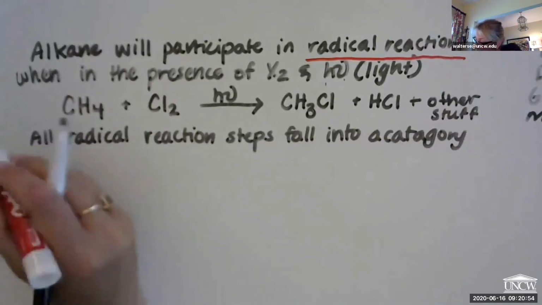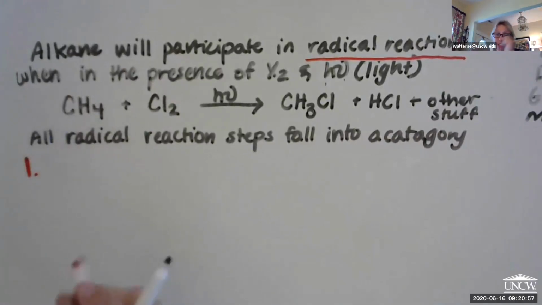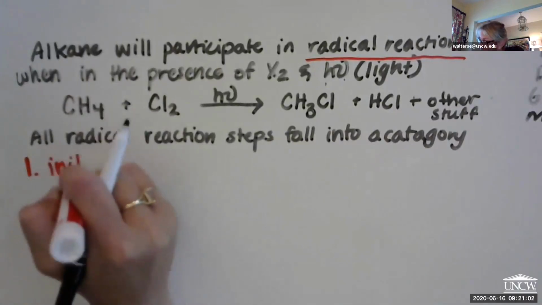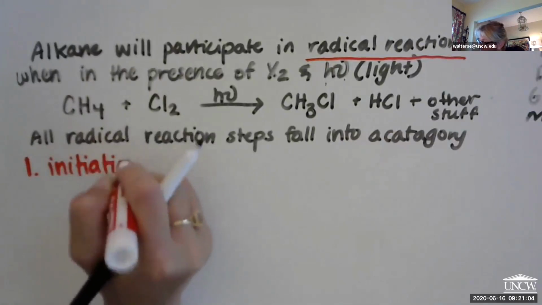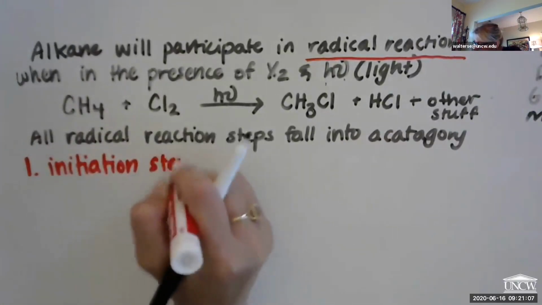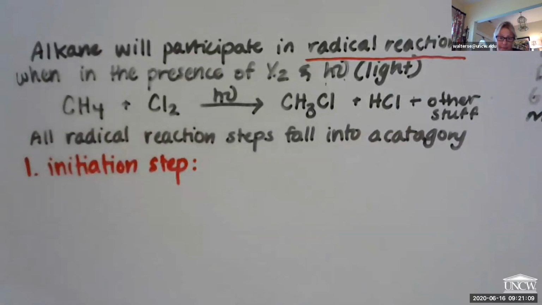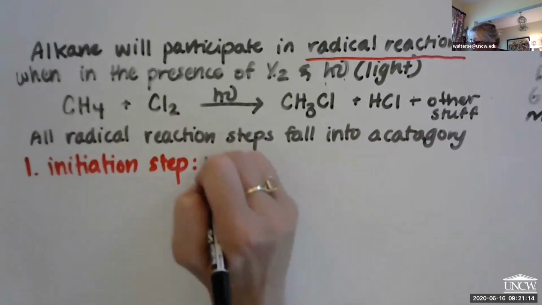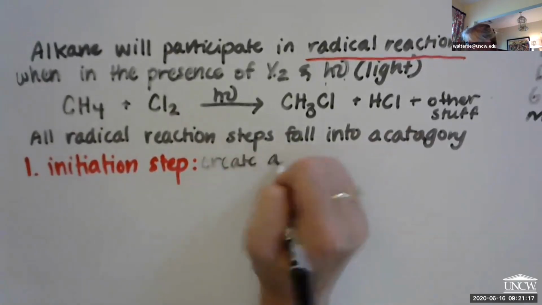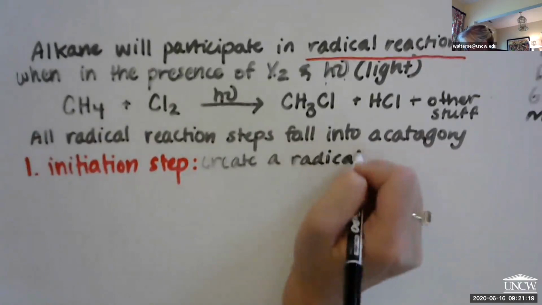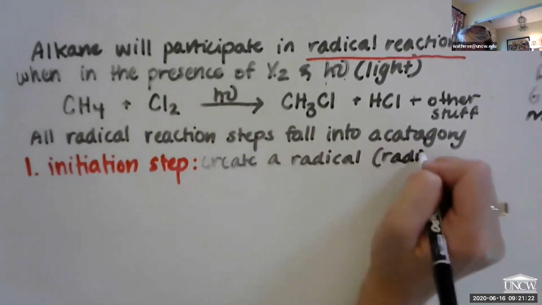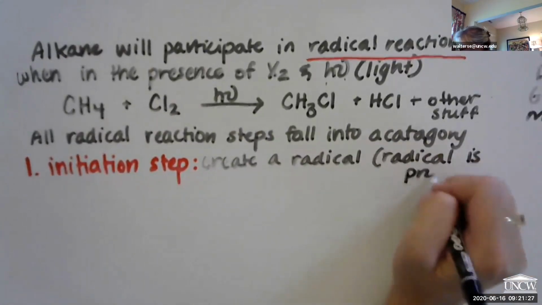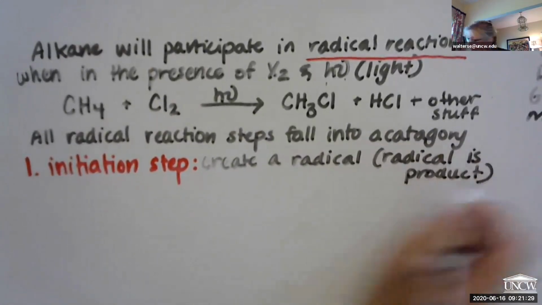The first category, and this is almost always going to have to happen first, is an initiation step. The initiation step is the step in which you create a radical. So your radical is going to be a product.